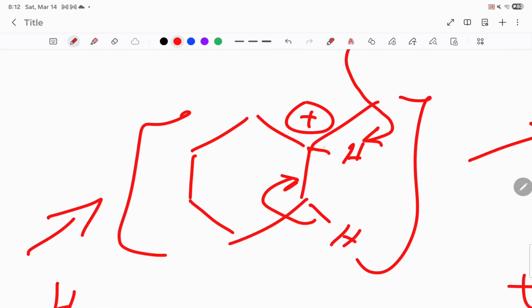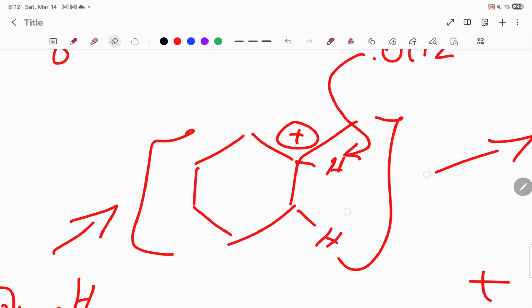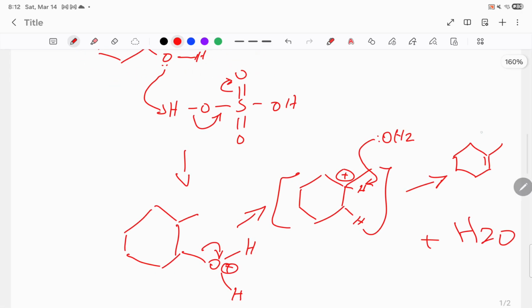This carbon would now be making 5 bonds, and carbon can only make 4 bonds, not 5. So this would be breaking the rules of organic chemistry, and we can't do that. So we make our most substituted product, the Zaitsev product, and here it is.